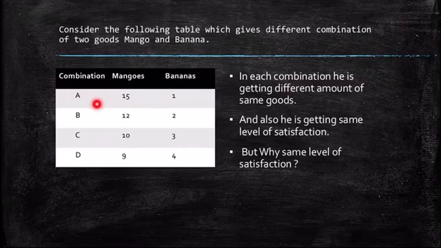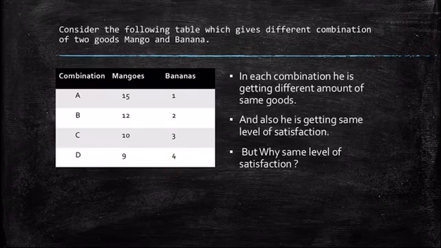Combination A consists of 15 units of mangoes and 1 unit of banana, whereas combination B consists of 12 units of mangoes and 2 units of bananas, combination C 10 units of mangoes and 3 units of bananas, and combination D 9 units of mangoes and 4 units of bananas.